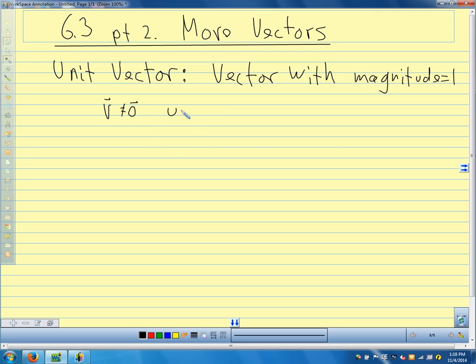A unit vector in the direction of v is, and I'm going to call that vector u for unit vector.